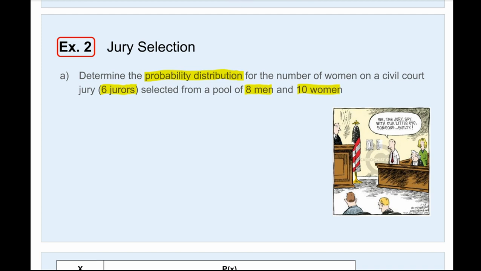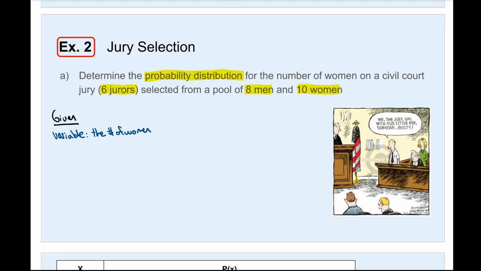So what is given to us in this question? First, what is our random variable? What is the x value going to represent? Or basically, what are we looking for? In this case, we're looking for the number of women.